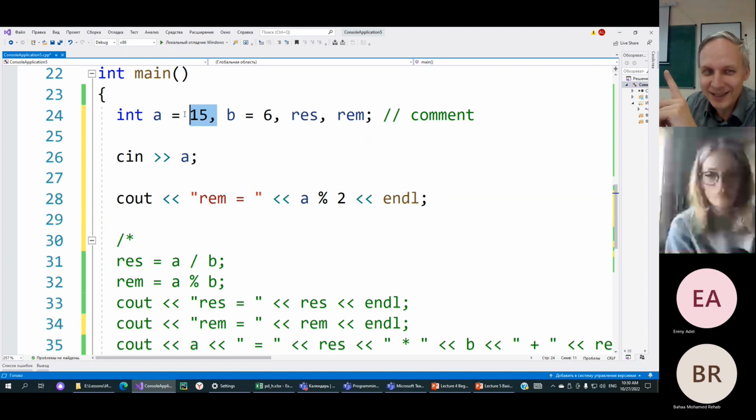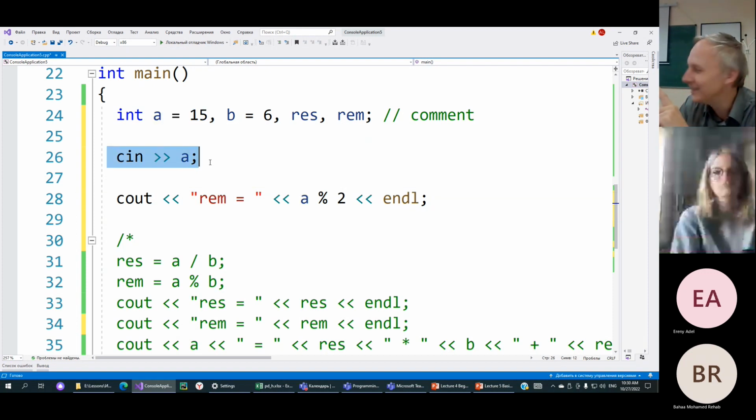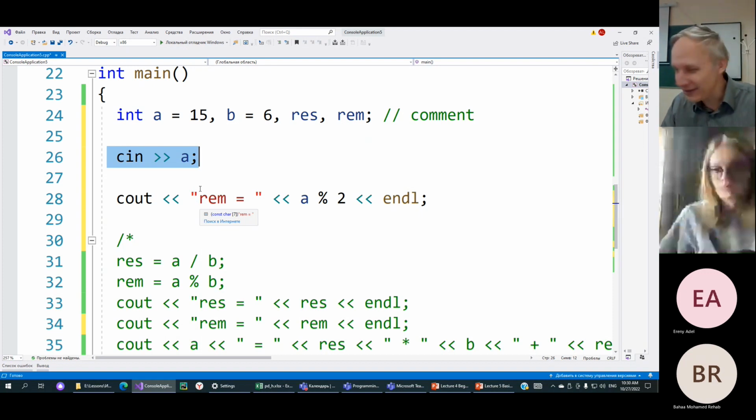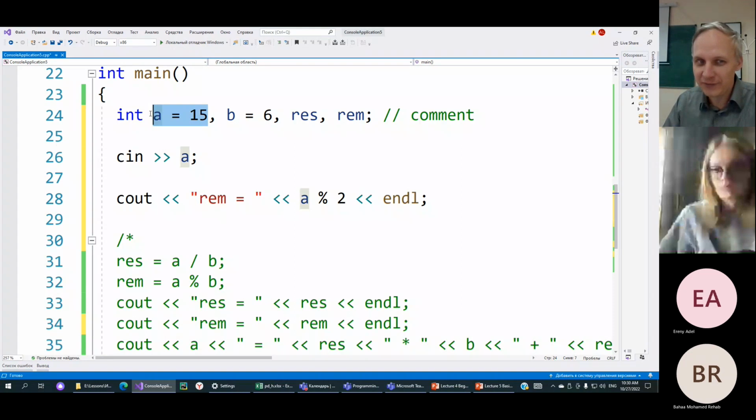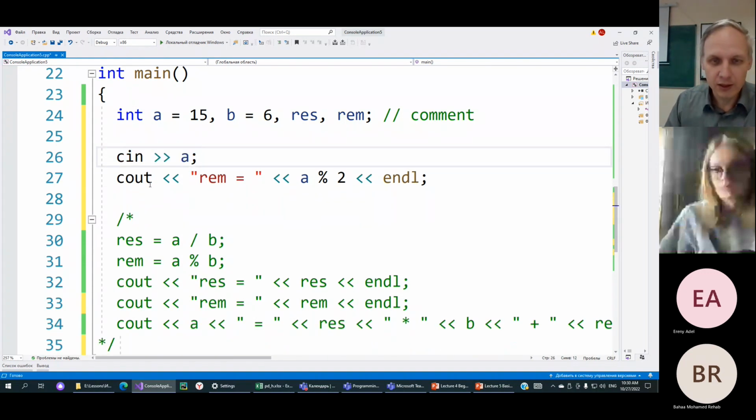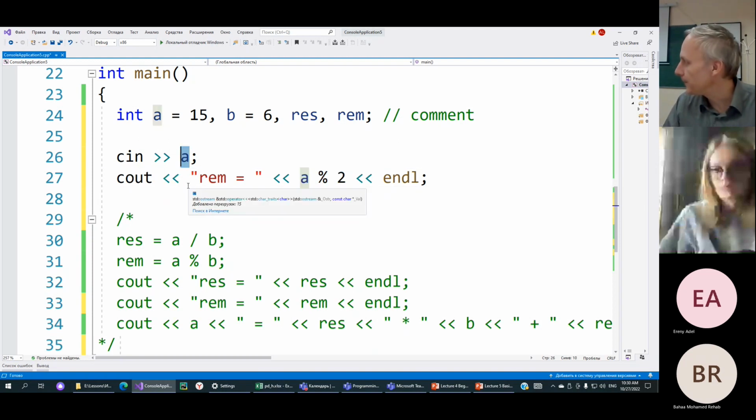But pay attention that I write here an input statement. I don't know what number I press on the keyboard. Cin, this is the initial value, but this initial value will be changed when I enter the number from the keyboard, and the result will depend on the user input.